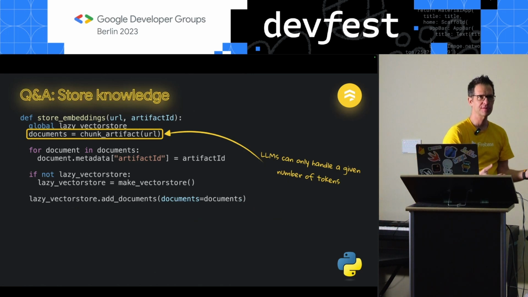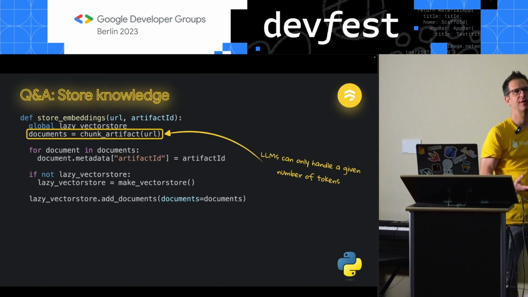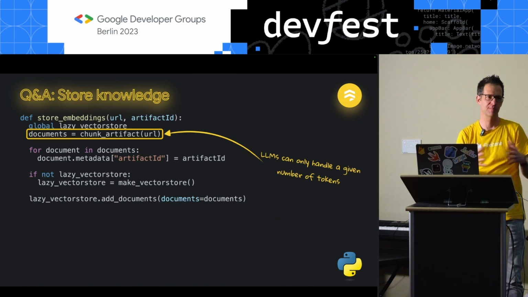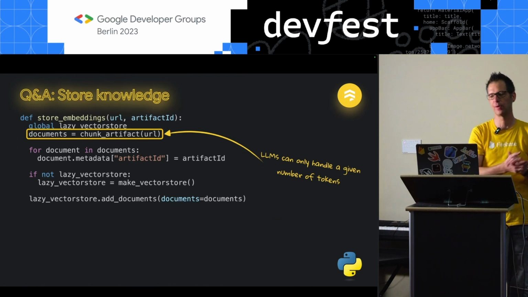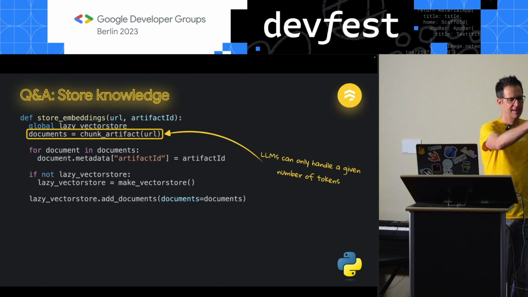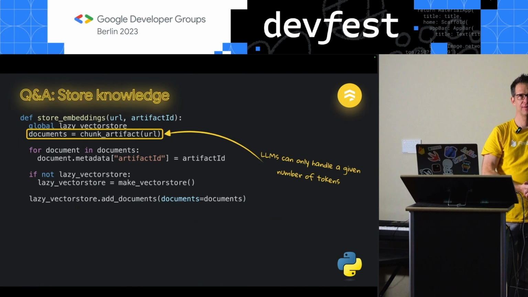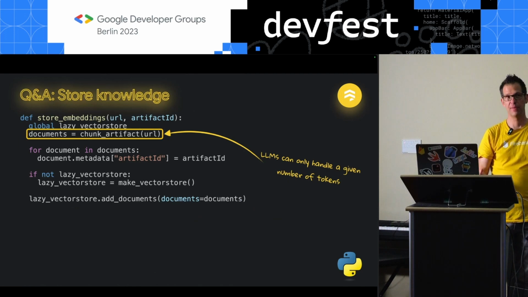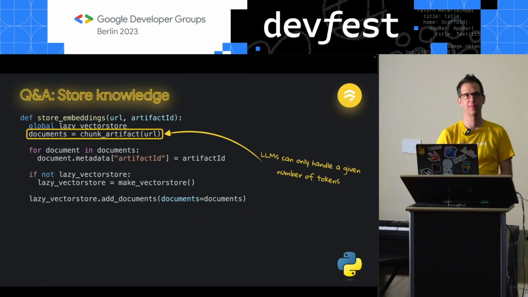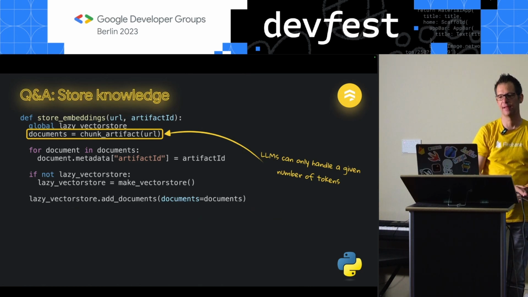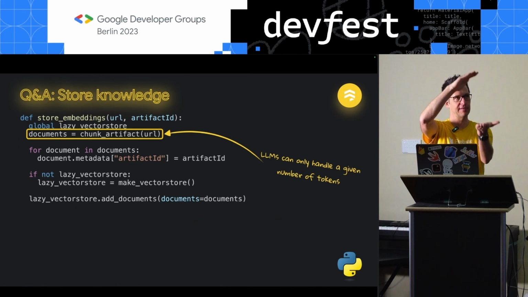Why is that important? LLMs can only operate on a certain number of tokens. A token might be a word, might be more than a word, but roughly a word. So if you have an LLM that can operate on 4,000 tokens, that might be maybe a page or two worth of text. But if you have an article that's a lot longer, then you can't ask the LLM about it. So you need to slice it into smaller pieces, and that's what we do here.